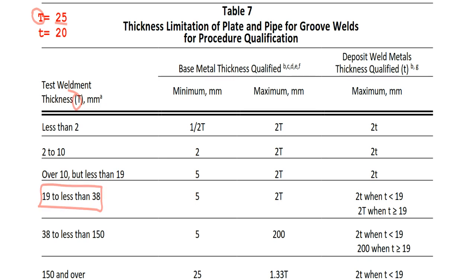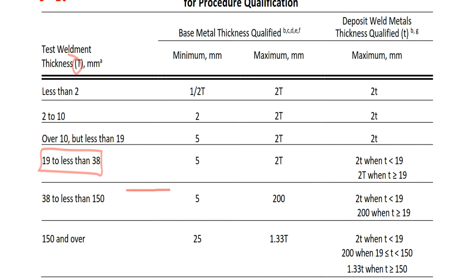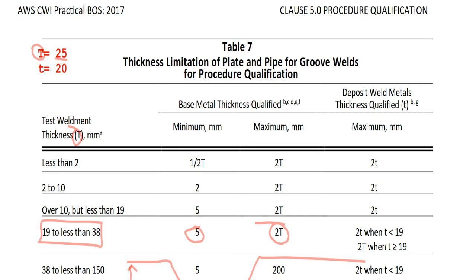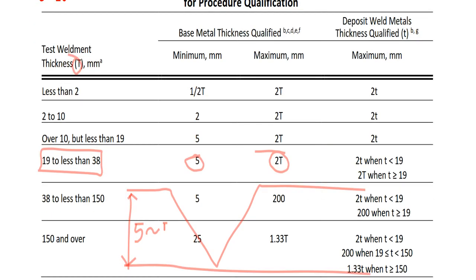Then the base metal thickness qualification in production welding is 5 to 2T. So this is 5 millimeter to 2T, which is 25 times 2 is 50.